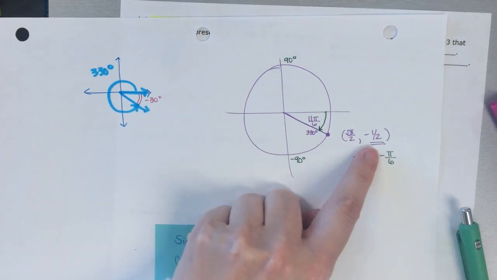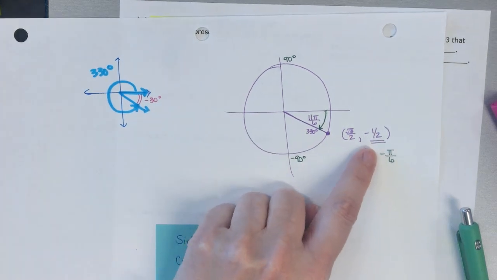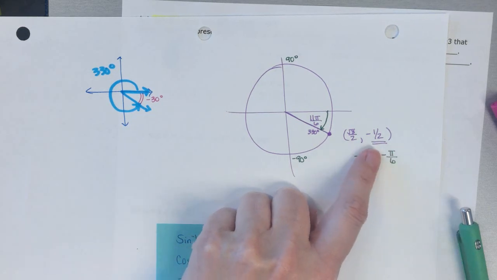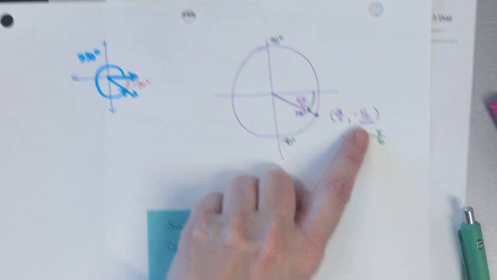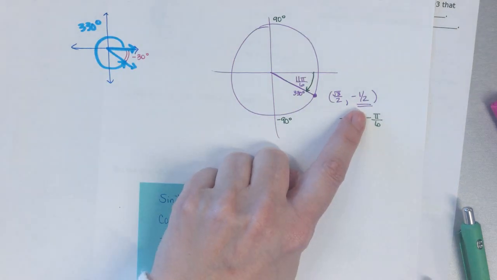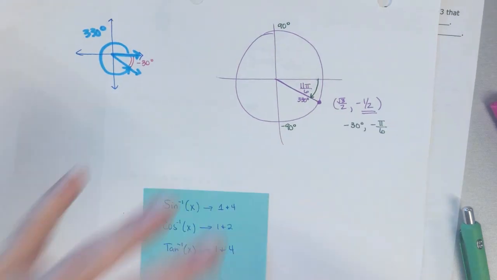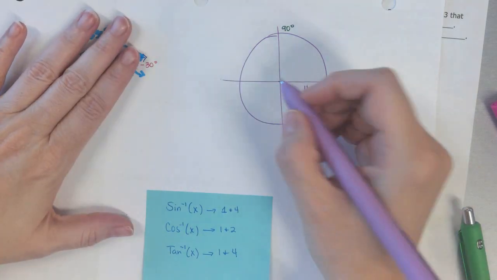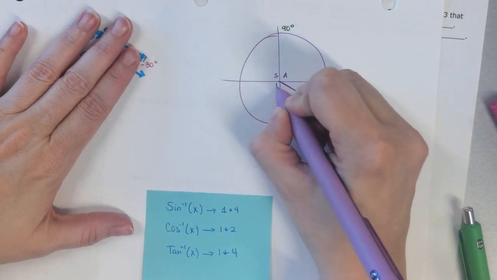So remember yesterday we talked about how there's more than one place on the unit circle where your sine value is negative 1/2? Yeah, because we know that there are places where the y value is negative 1/2, right? Can you guys tell me what quadrant the other one's in? Using all students take classes.